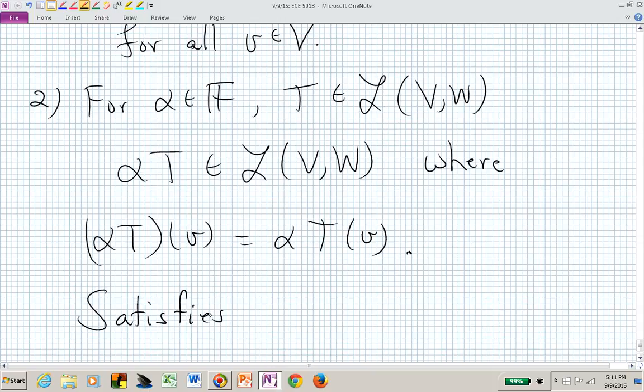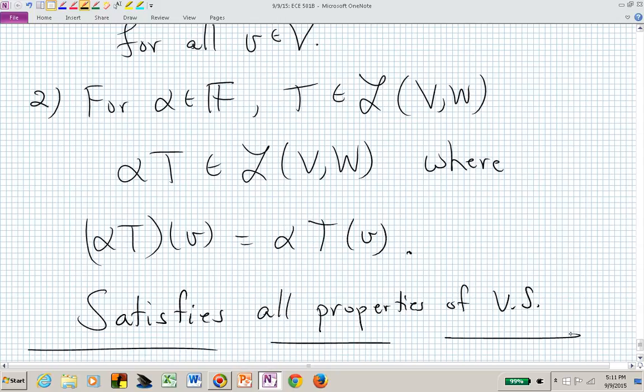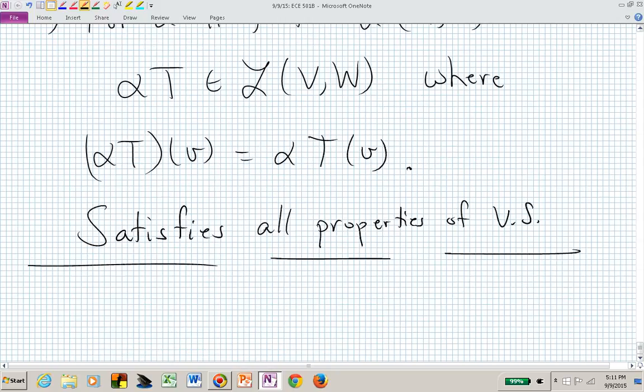Which really is a quick way to say that it satisfies all the properties of a vector space. So this collection of linear maps from a vector space V to a vector space W, in and of itself, is a vector space.